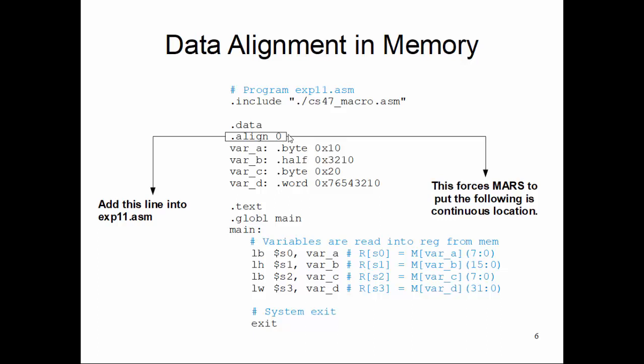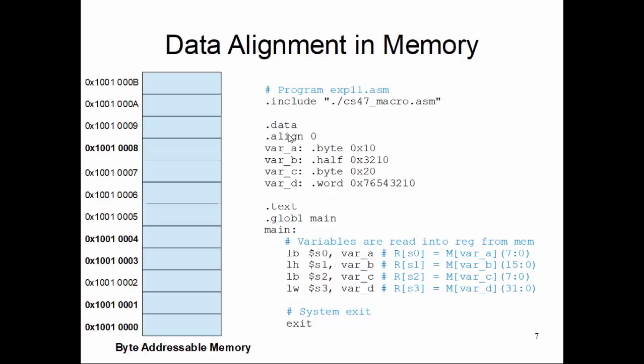So with that, we'll see that var A goes into the first address, and var B will be placed into the next address, starting from 1. It's not following the rule since I put an alignment of 0, and the next byte is at this address, and the word is at 4.